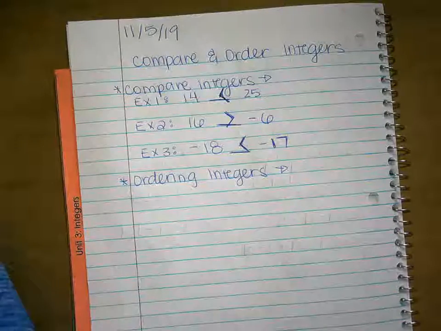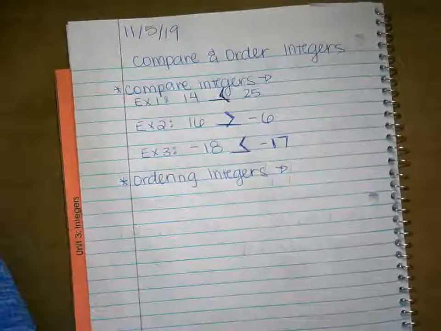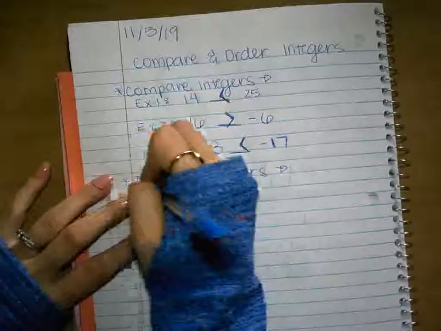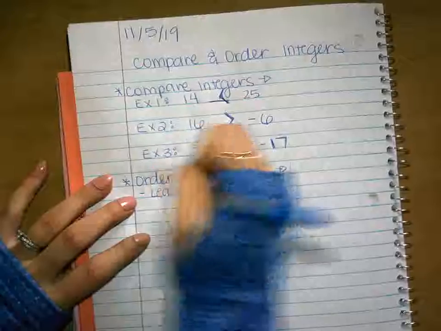Ordering integers means order them from least to greatest or greatest to least, whatever it asks you for. So let's do least to greatest for right now.